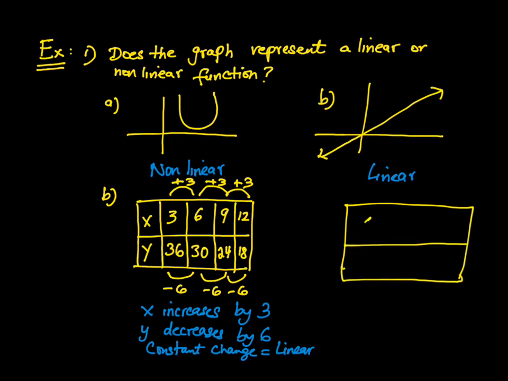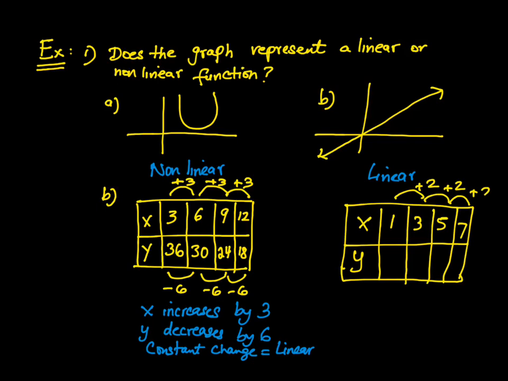So if you see another example here, x is 1, 3, 5, and 7, so the change here is plus 2, right? So that is fine. But on the y, you see that it's kind of inconsistent. So 7, you have 11, and then you have 15.